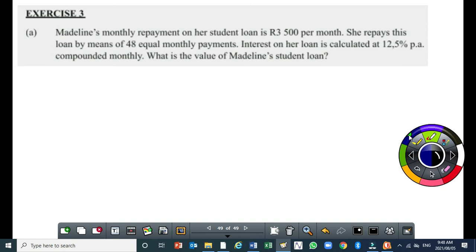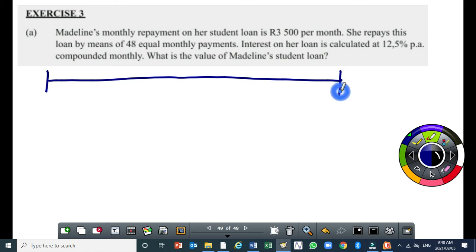Here we can do the timeline quickly if we want. The total number of payments is 48, so that will be from T0 to T48, which is about 4 years. The first payment is made at T1, which will be 3,500.